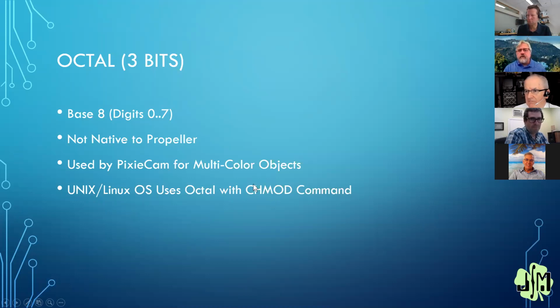Linux has it. For you Linux people using the chmod command, those 3 digits are octal. They represent 3 bits for the read, write, and execute permissions for each of the 3 groups. So it's around, and I have it in my formatting stuff for full duplex serial because of the Pixie Cam.